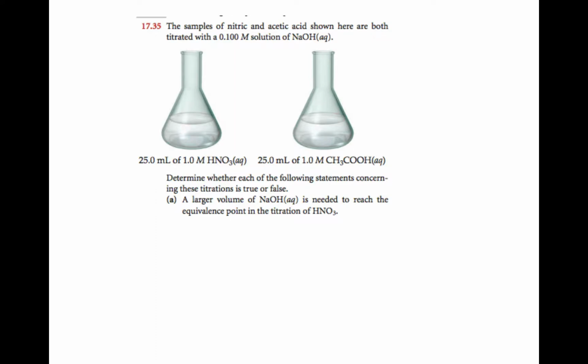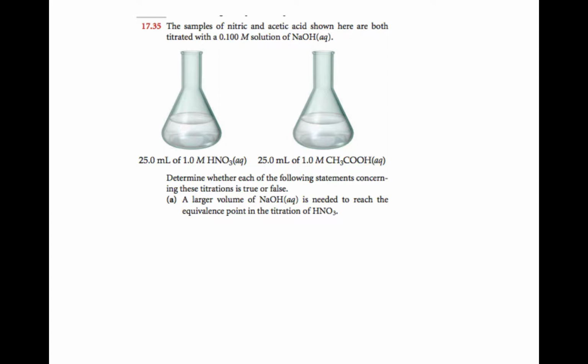Samples of nitric acid and acetic acid are shown here with a 0.1 molar solution of sodium hydroxide. Determine whether the following statements concerning these titrations are true or false. All right, so we've got 25 milliliters of strong acid, 25 milliliters of weak acid.